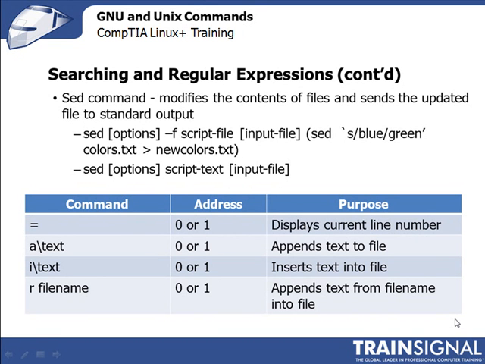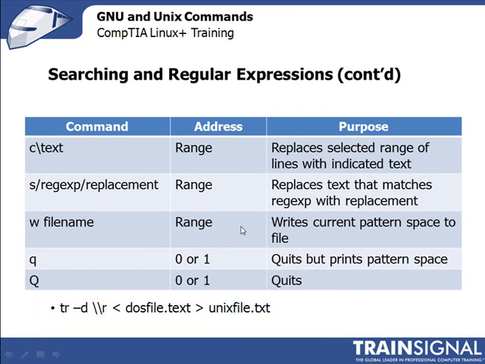Equal displays the current line number. a\text appends text to a file. i\text inserts text into a file. r, space, file name appends text from file name into the file. Continuing our look at sed options, c\text replaces the selected range of lines with the indicated text.